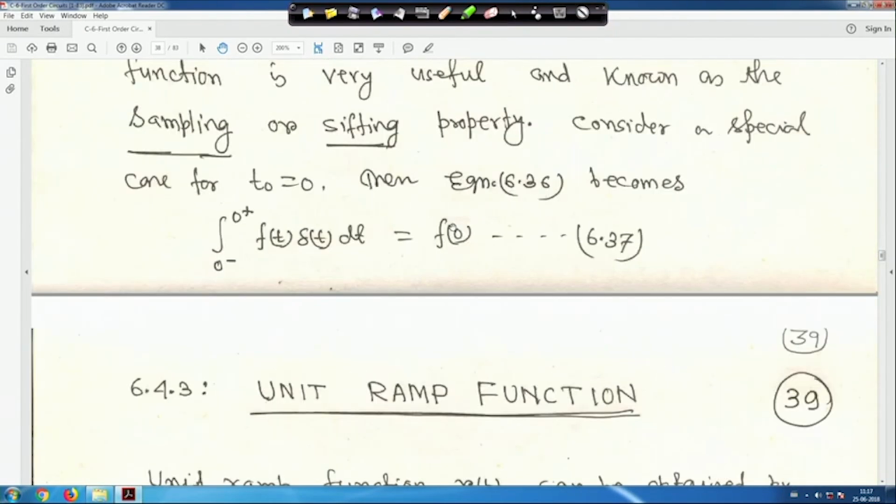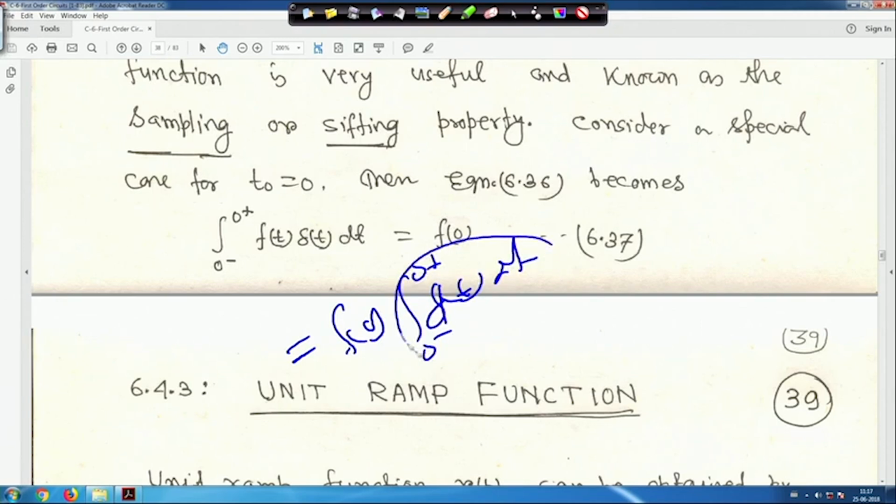Because f(0) comes out, then the integral from 0 minus to 0 plus of delta(t) dt, and this part is unity. So it becomes f(0).